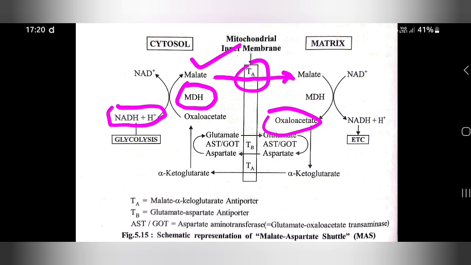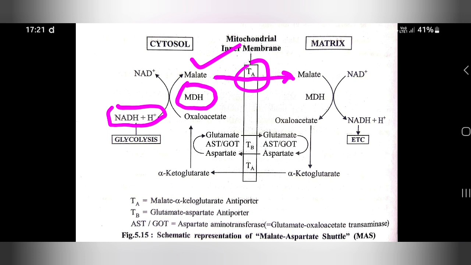Then in the mitochondrial matrix, oxaloacetate is formed, which is impermeable to the inner membrane of mitochondria, so it cannot be transported back to the cytosol. Hence it combines with glutamate and undergoes transamination reaction to form alpha ketoglutarate and aspartate.